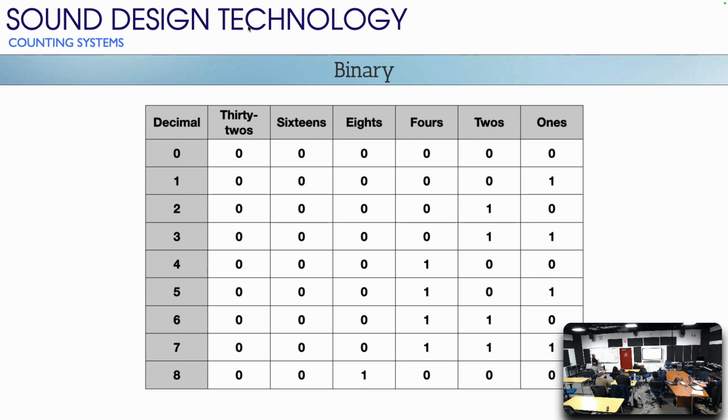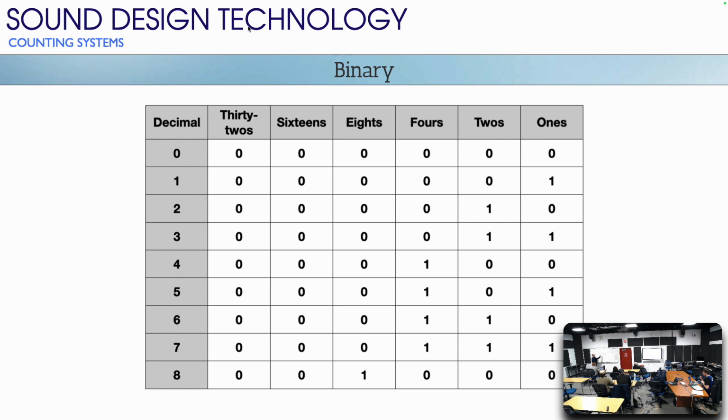So, computers think in chunks of 8 like this. We call that a byte. A byte is 8 bits, and computers think in chunks of 8 bits. Now, what would be a kilobyte? 1,000 bytes.